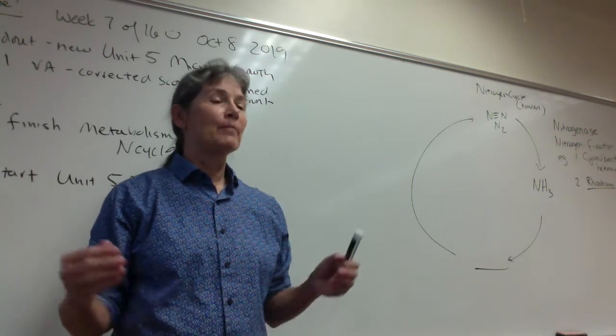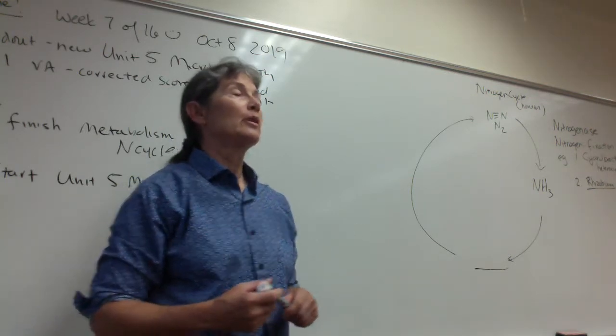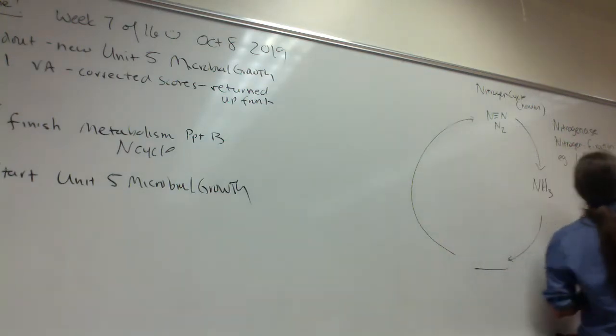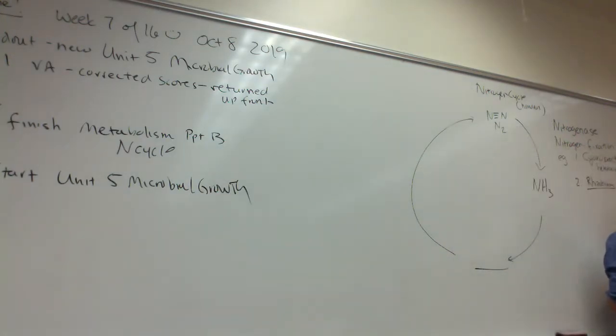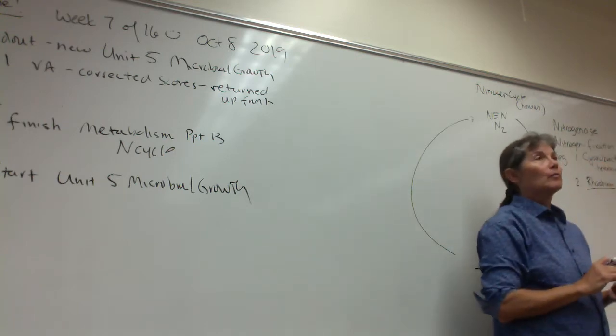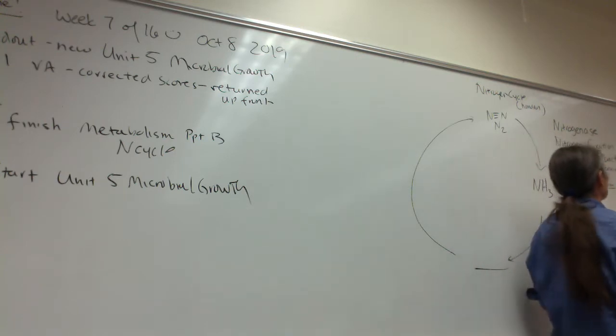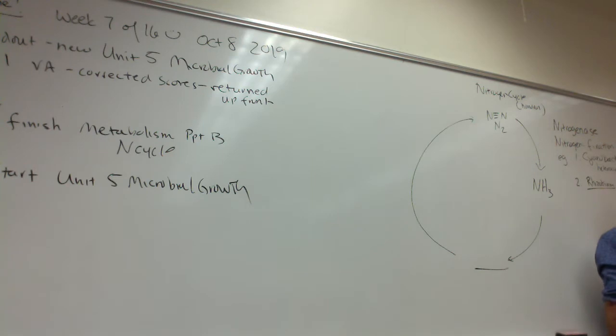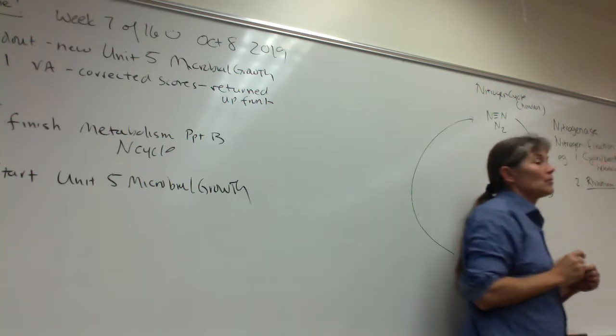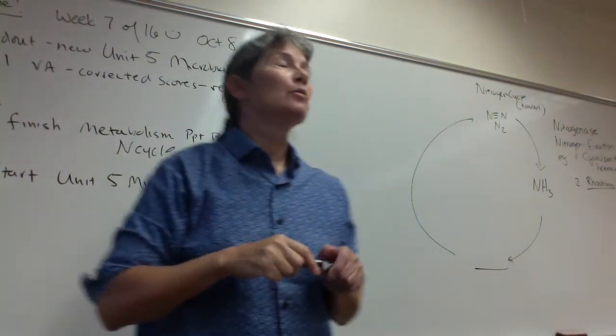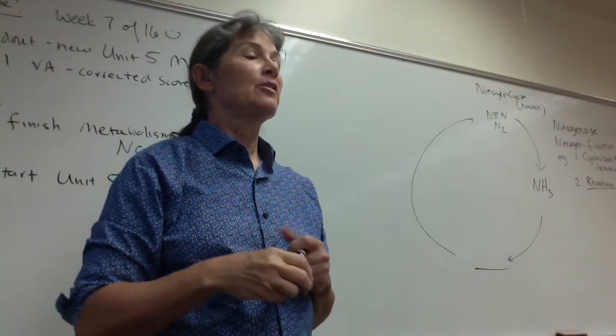Remember, they form a symbiotic relationship with which group of plants? Legumes. What are legumes? Peas, beans, clover, alfalfa, lupins, right? So the legumes form the root nodules, and what's the environment like inside the root nodules? Anaerobic, right? So the Rhizobium live in the root nodules, and they carry out nitrogen fixation.